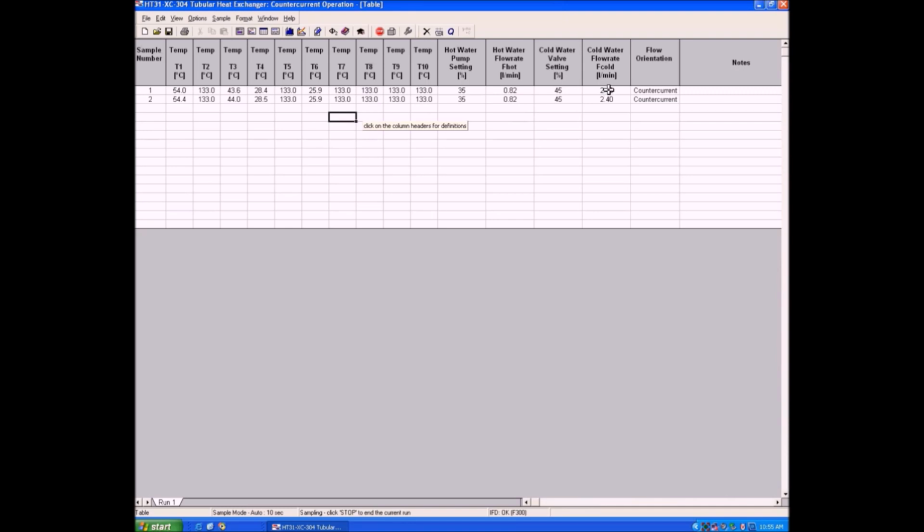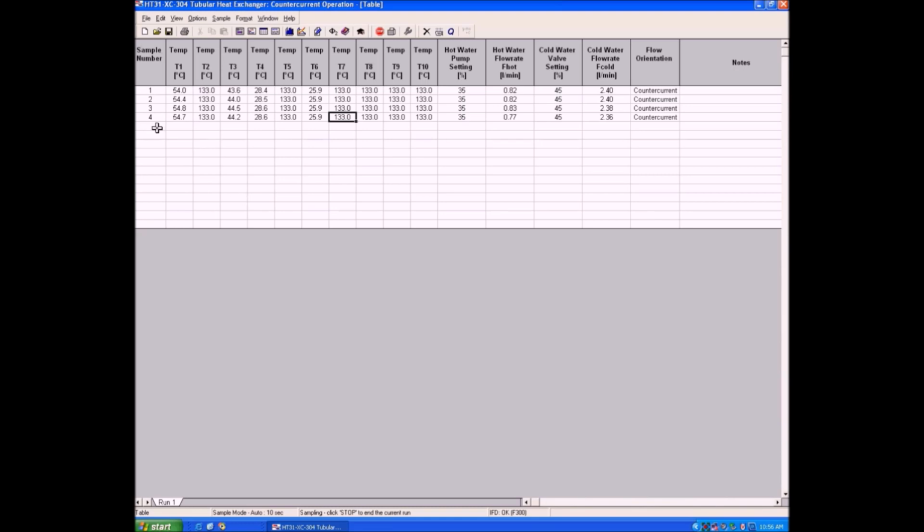So 54 and 43. So inlet temperature of hot water and outlet temperature of hot water. And here see now T6 25.9 and 28.44. So inlet temperature of cold water is T6 and outlet temperature of cold water is T4.